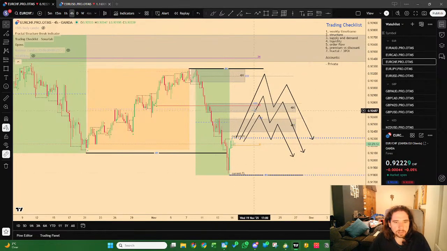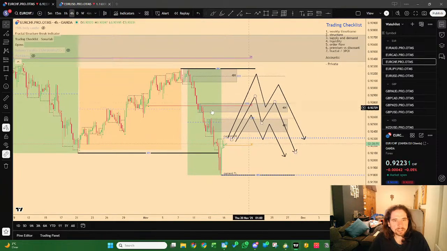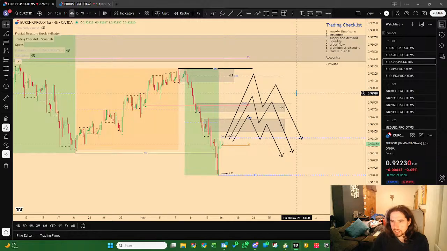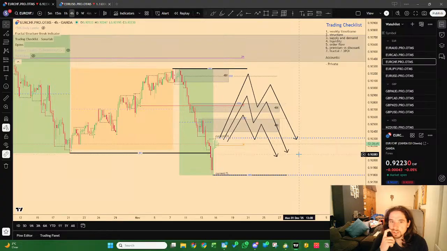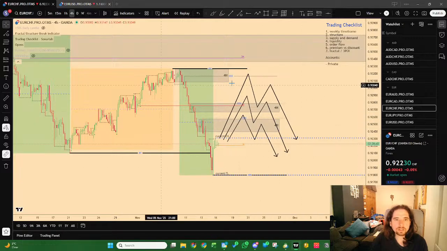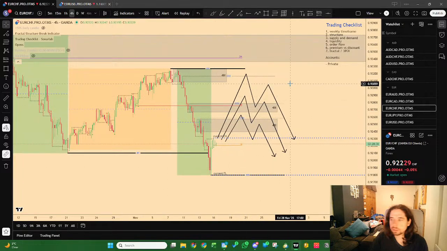So now we're expecting the pullback, and in the pullback phase there's impulse and accumulation, just to take out all the liquidity of those areas. So that's it. Now what I'll do is go through each of my pairs, take notes and put them in the Discord.